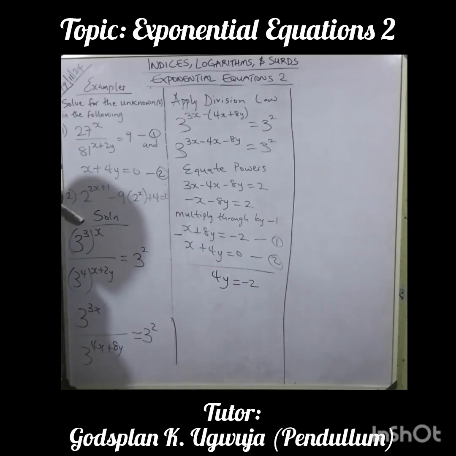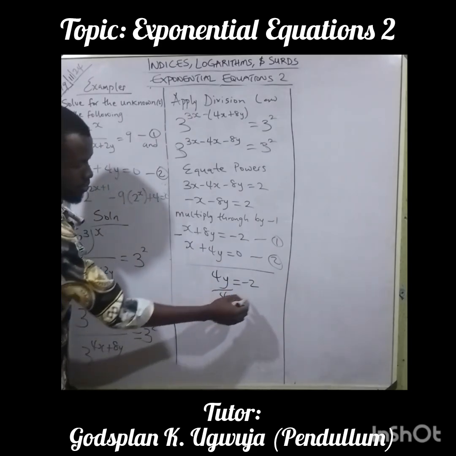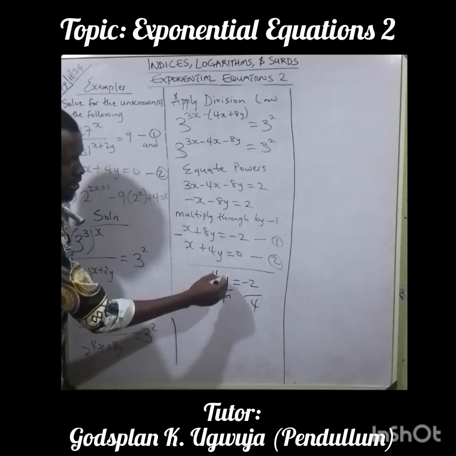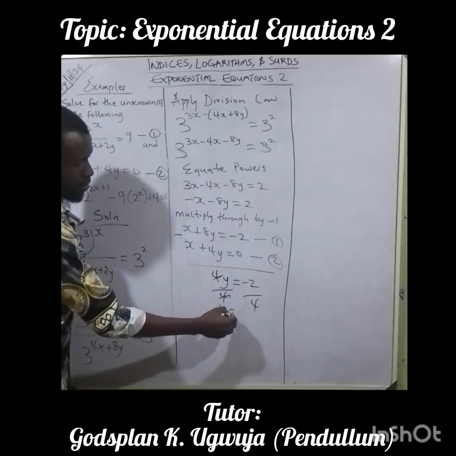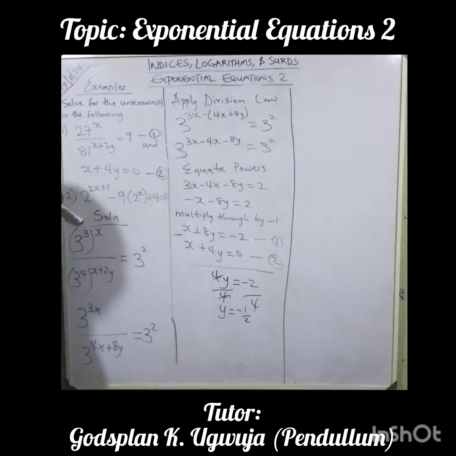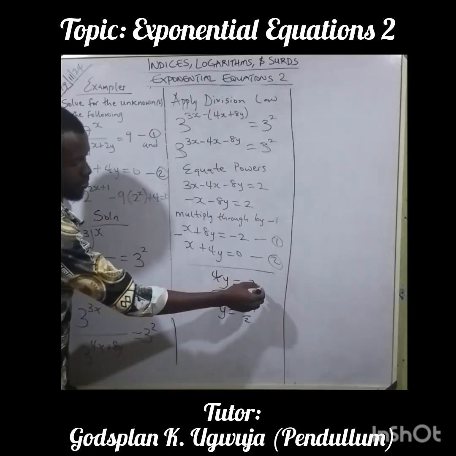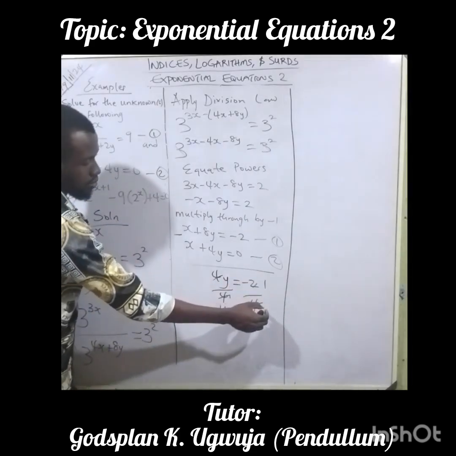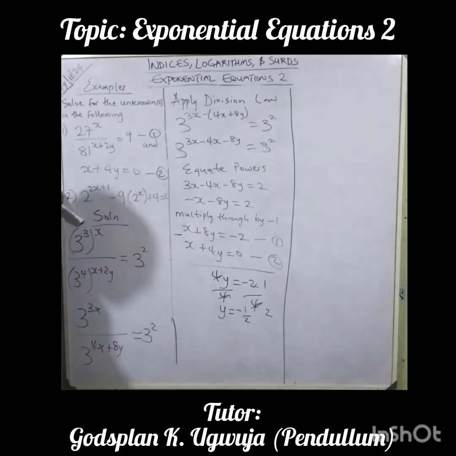Now to get y, I will divide here by 4, divide here by 4, so that 4 can cancel itself. y will be equal to minus 1 over 2, because 2 here is 1, 2 here is 2. So I've gotten the value of y as minus 1 over 2.